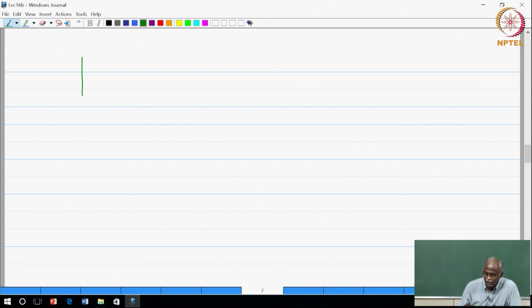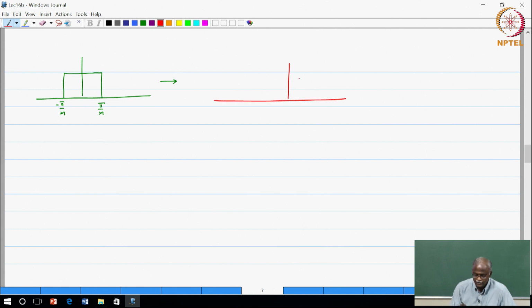Now, supposing I had a filter H naught which has the following form: minus pi over m to pi over m. Okay. Now, by modulating the impulse response with a cosine function, you can actually get a filter whose response looks like this. Let us say we modulate it by cosine of 2 pi over m times n. Then what will happen, you will get two copies of the spectrum.